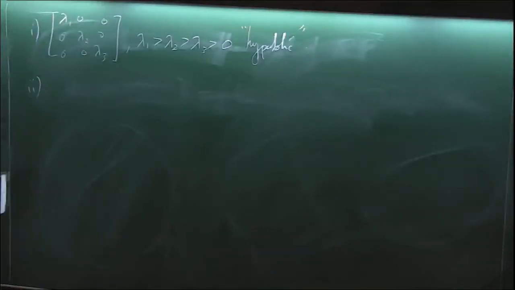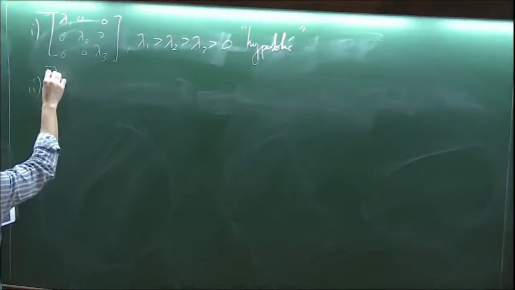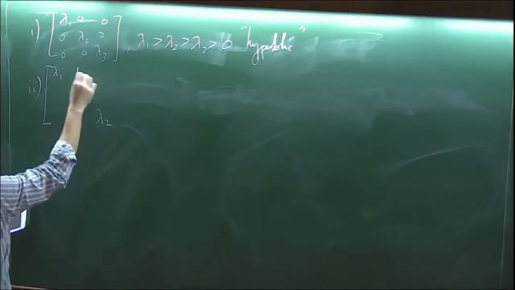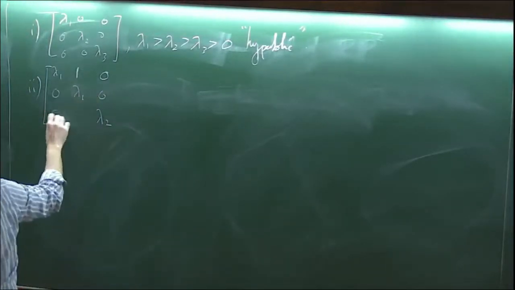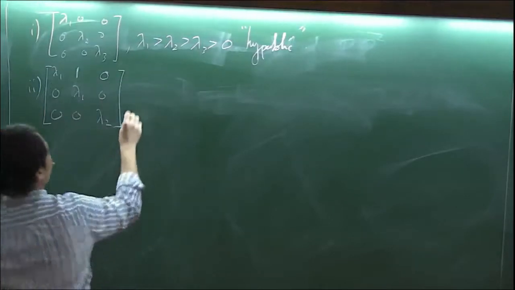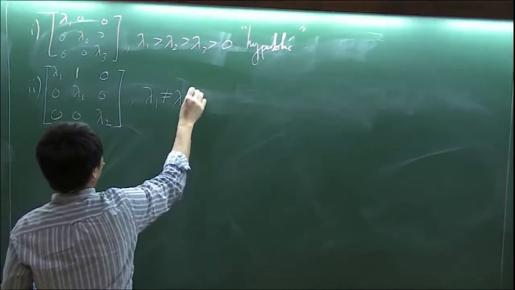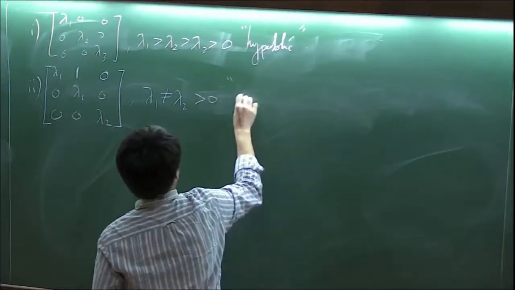And then the second type are quasi-hyperbolic elements. In this case, your eigenvalues need not all be distinct, but if two of them agree, then you must put a 1 here. And here lambda 1 is not equal to lambda 2, and they are both bigger than 0. These are called quasi-hyperbolic.